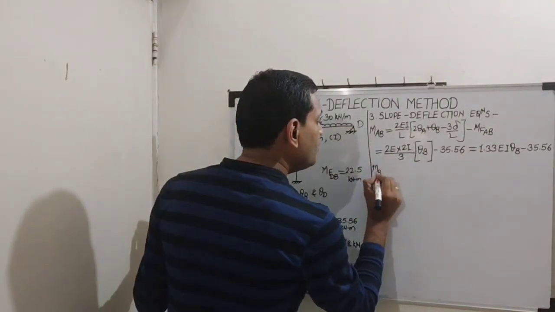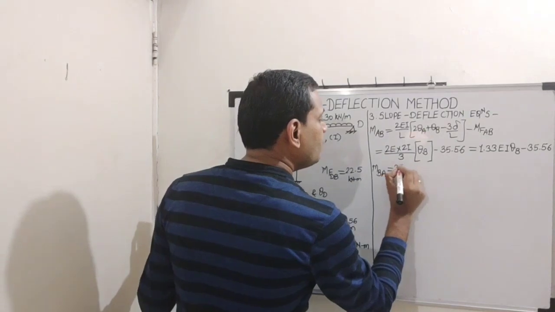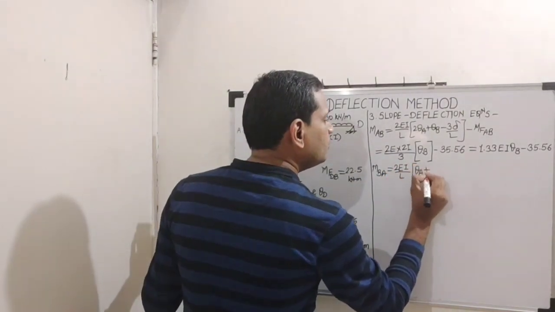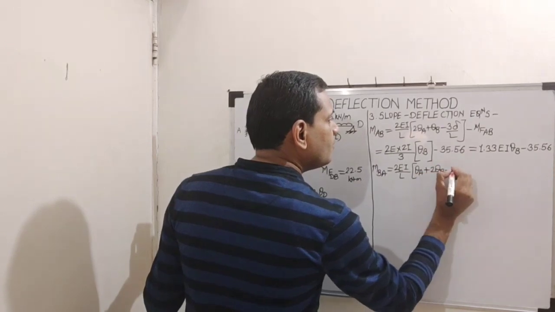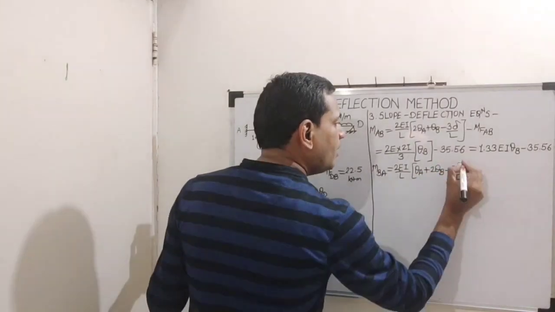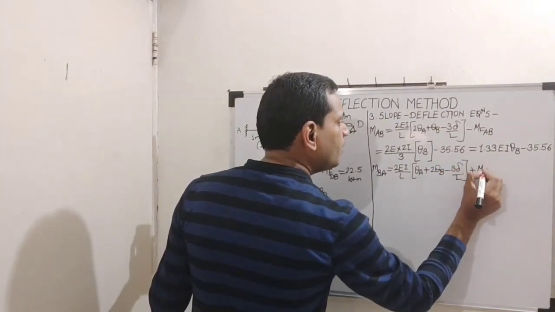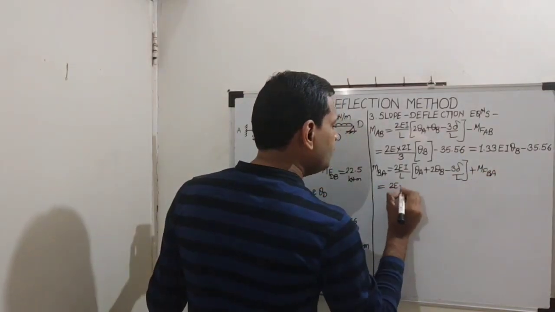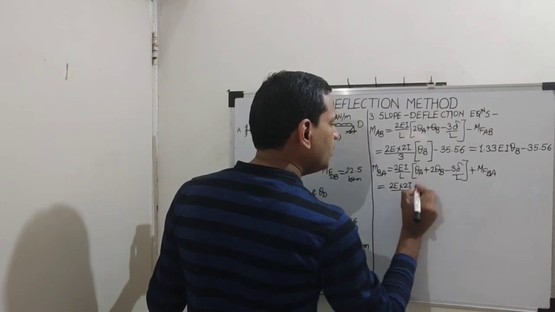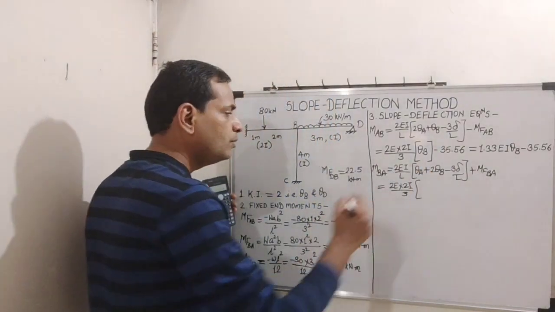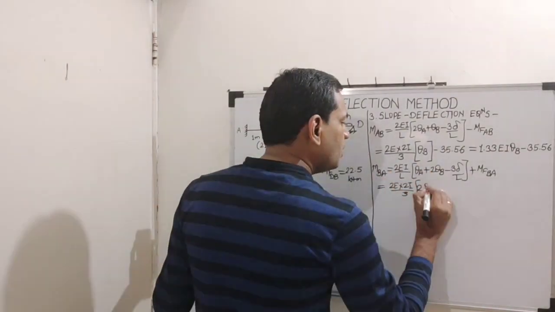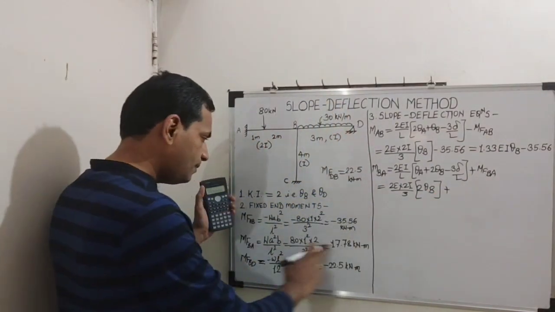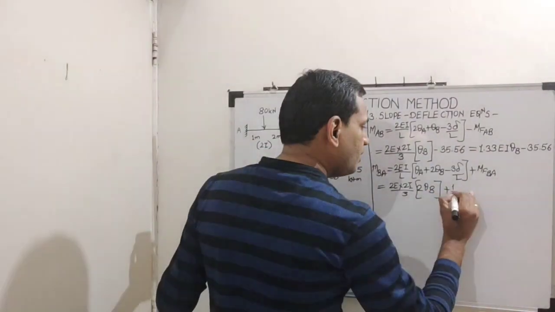So MBA equation: 2EI by L into bracket theta A plus 2 theta B minus 3 delta by L plus MFBA. Again substitute the values, 2E into 2I upon 3 into bracket theta A 0, 2 theta B as it is, delta 0, plus MFBA 17.78.